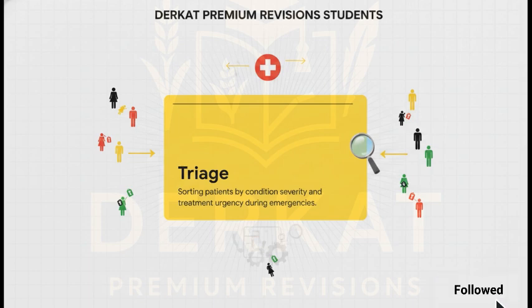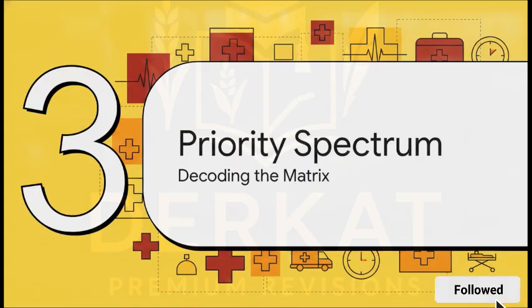It's the highly specific process of sorting patients according to the severity of their condition and the urgency of their treatment. The crucial point here is that when resources are completely overwhelmed, you can't just treat the first person you see. You have to make incredibly fast, sometimes really difficult decisions to ensure you're doing the most good for the most people.